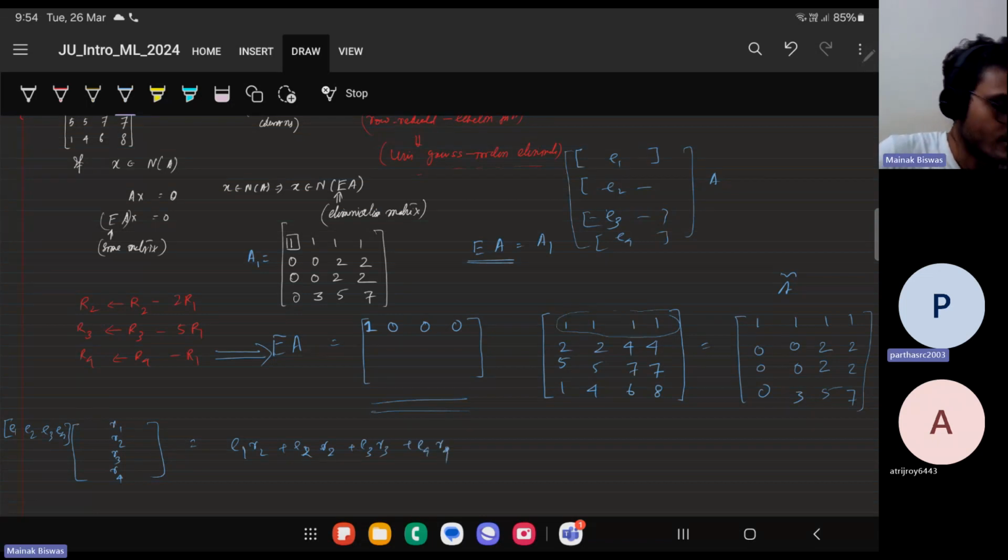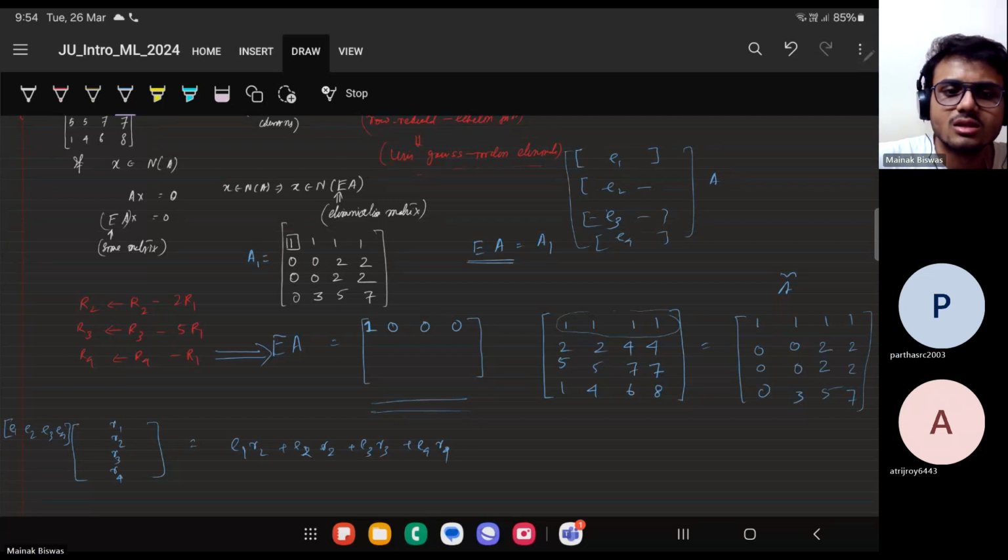So it's what will basically go in the row space. What row space here? E1 R1, E2 R2, this is just a linear combination. It is one element in the row space.